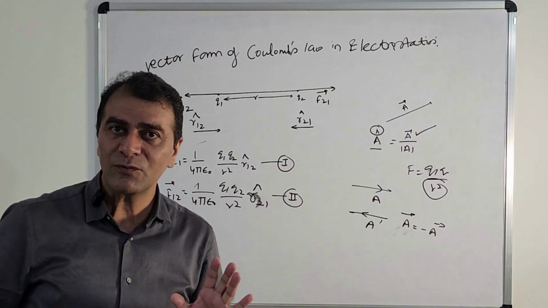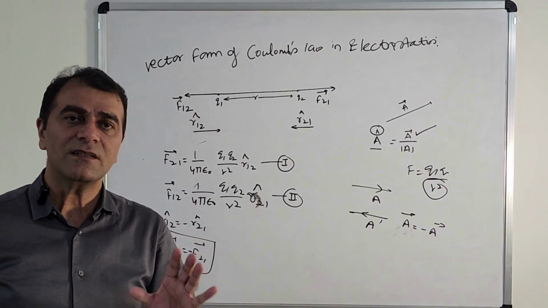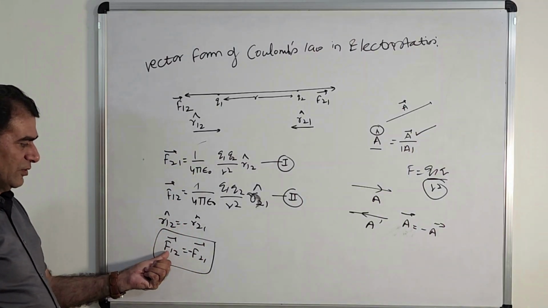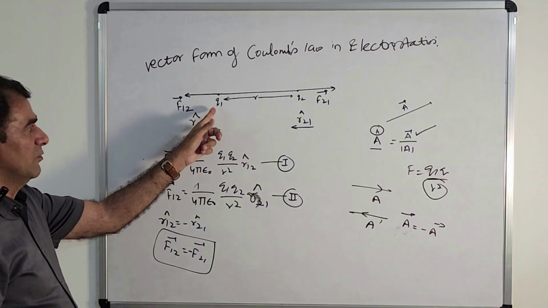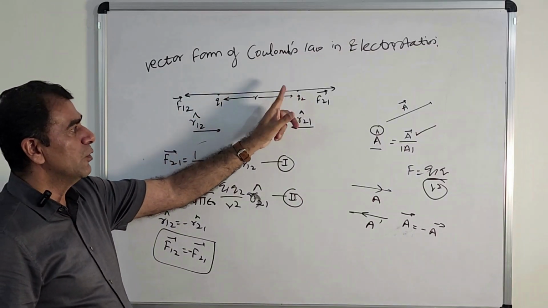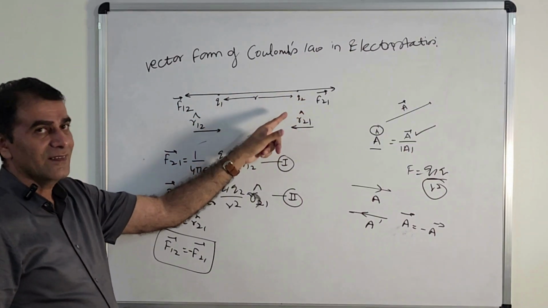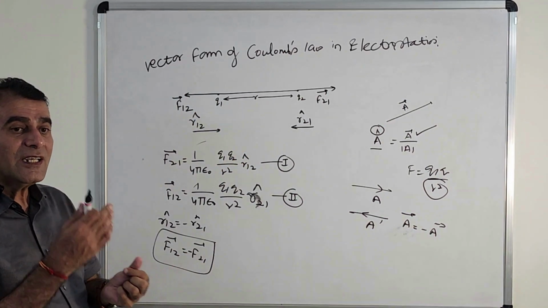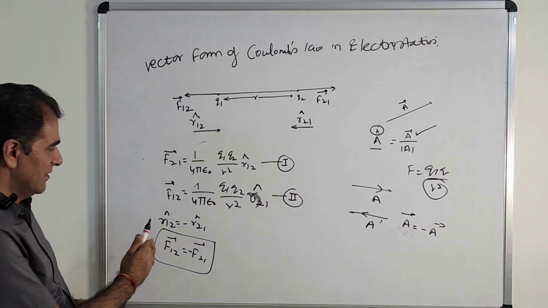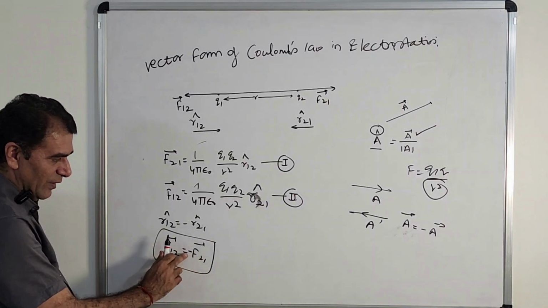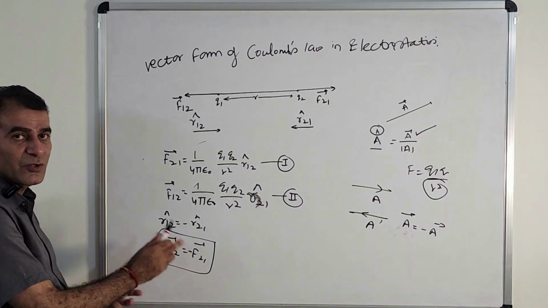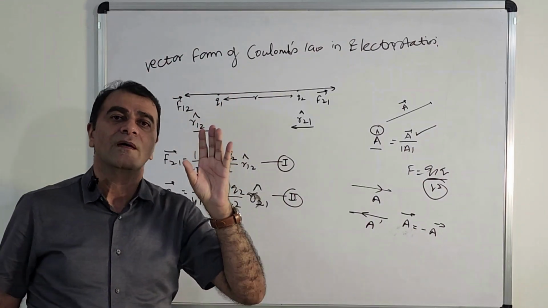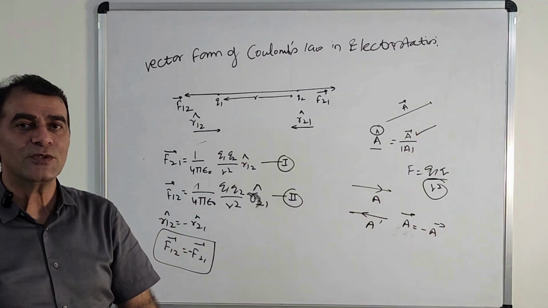Just see. Force F12, means force on 1 due to 2, is equal to force on 2 due to 1. They are equal, but the negative sign shows equal and opposite reaction. This is action, this is reaction, but opposite. Due to the negative, it is opposite. So always remember, Coulomb's law in electrostatics follows Newton's third law of motion.